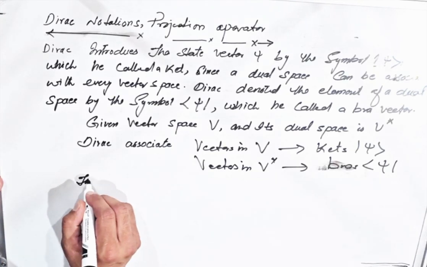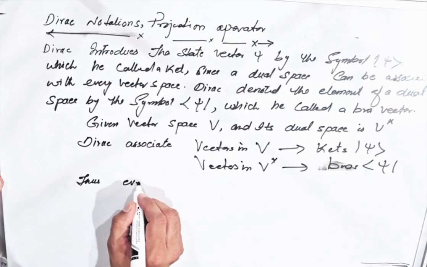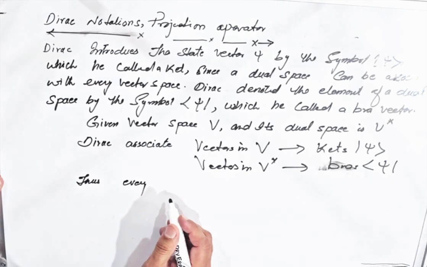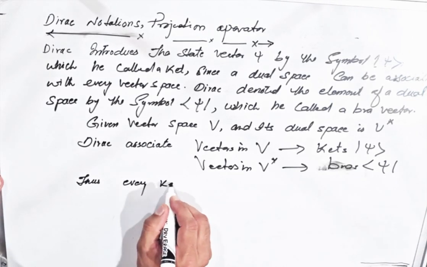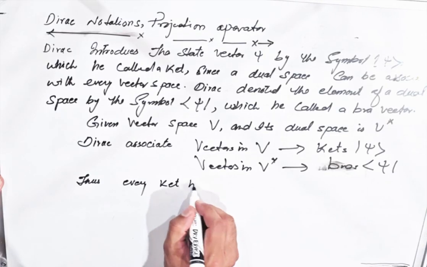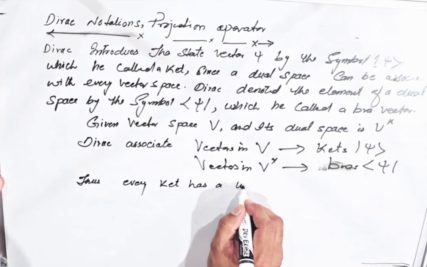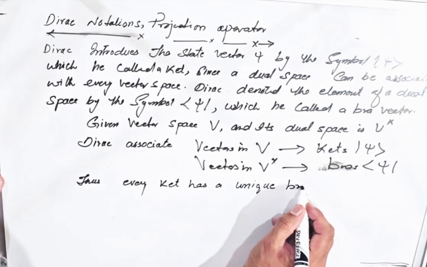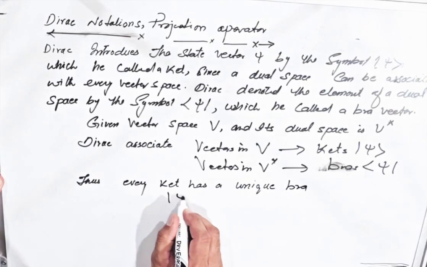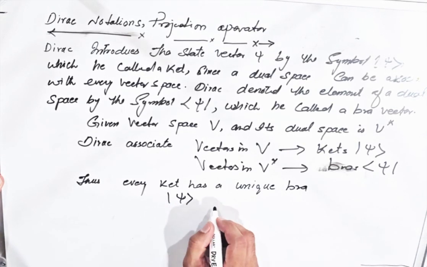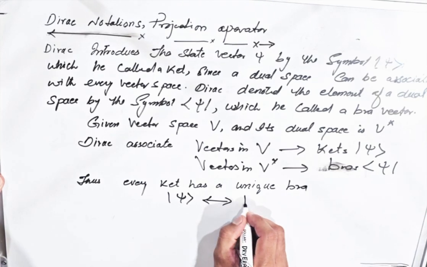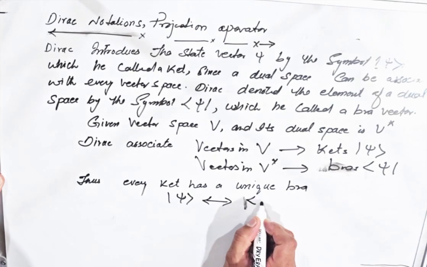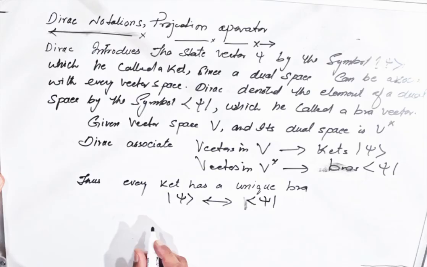Thus, every ket has a unique bra, that is, a ket vector psi has a unique bra vector.